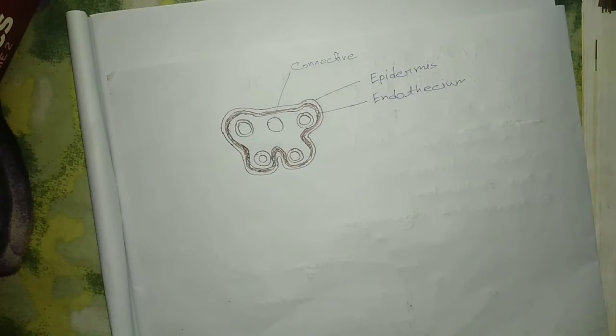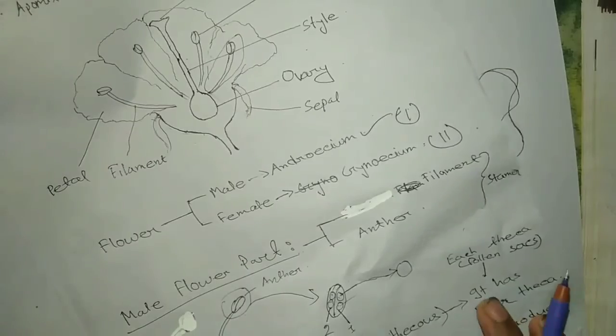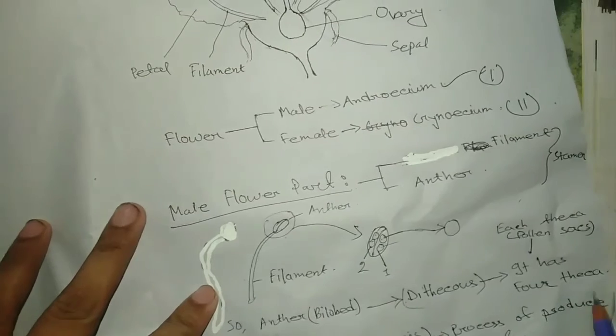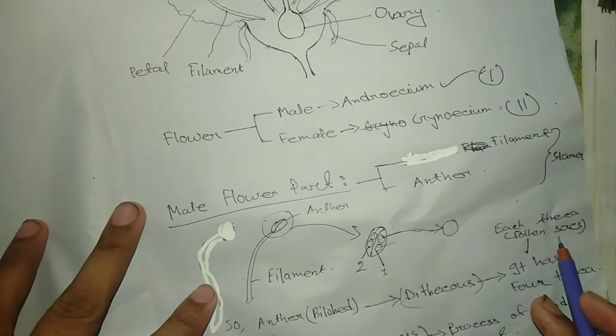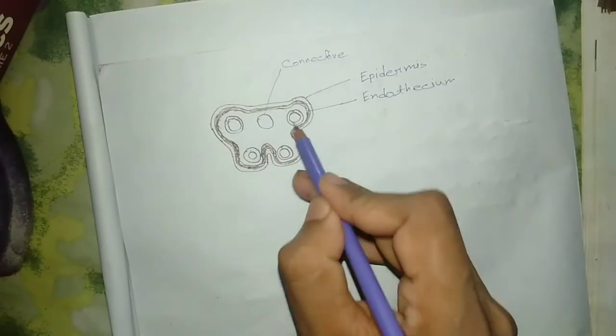And I have told you that an anther has four theca. Theca is known as pollen sac. That means it has four pollen sacs.